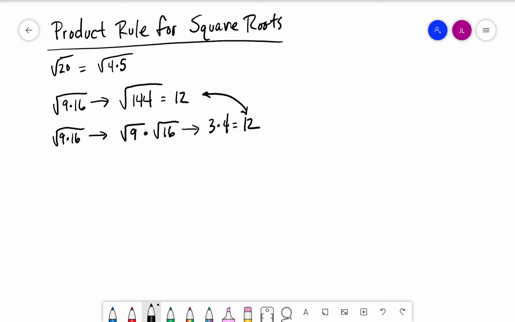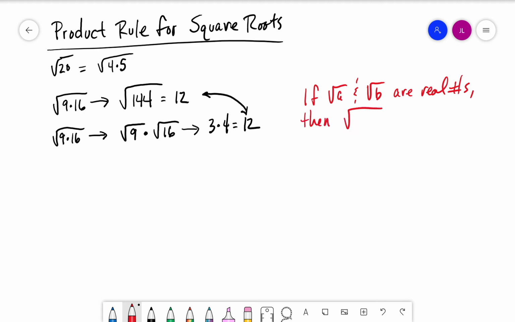The product rule states that if the square root of A and the square root of B are real numbers, then the square root of A times B is the same as the square root of A times the square root of B. Now, how does this help us?